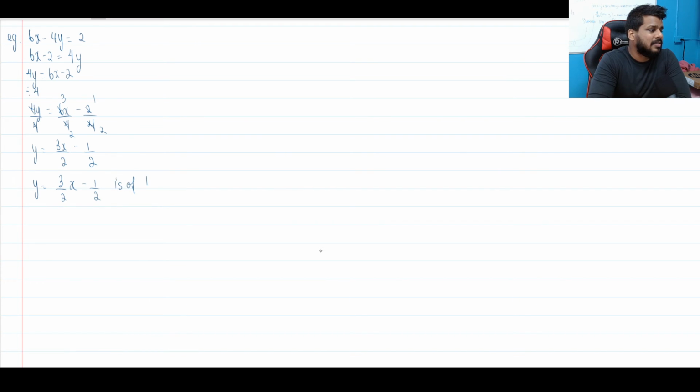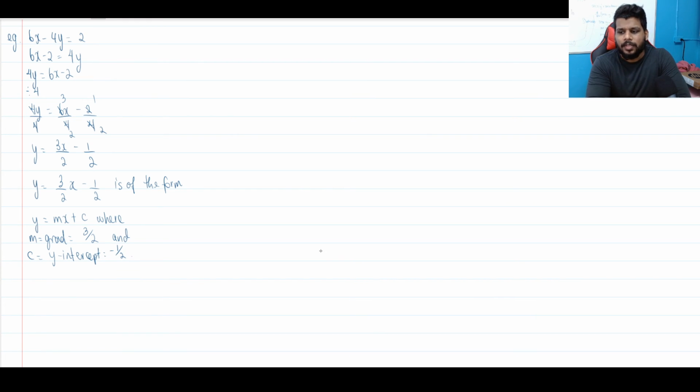And this is of the form y is equal to mx plus c, where m is the gradient, which is equal to 3 over 2, and c is my y-intercept, and be careful here, which is equal to minus 1 over 2. Just be a little careful here, right?